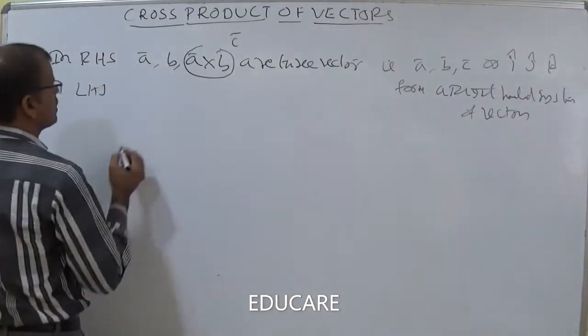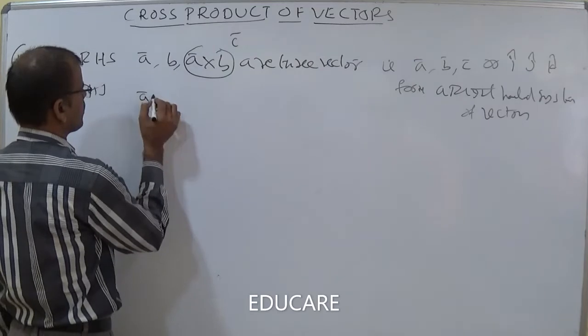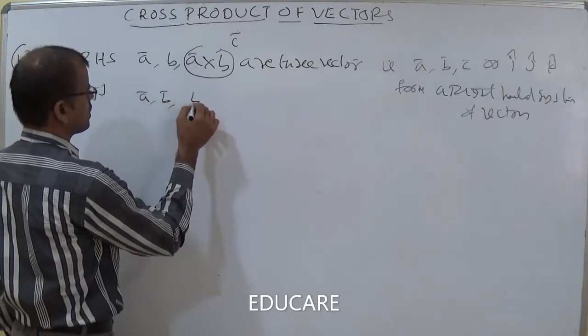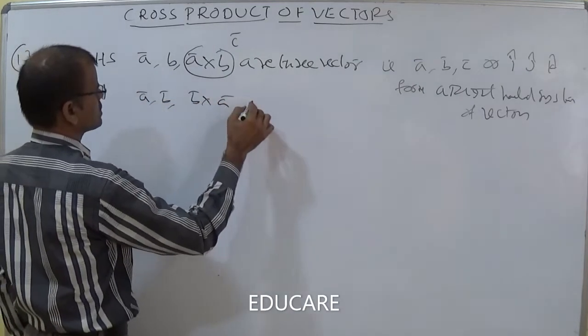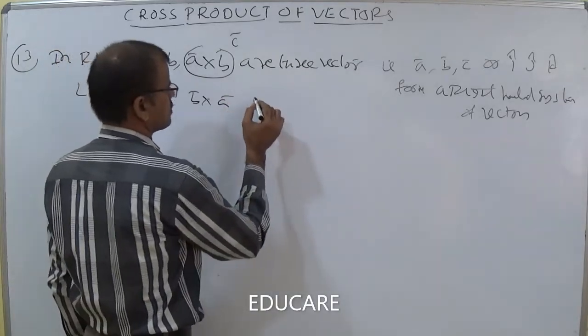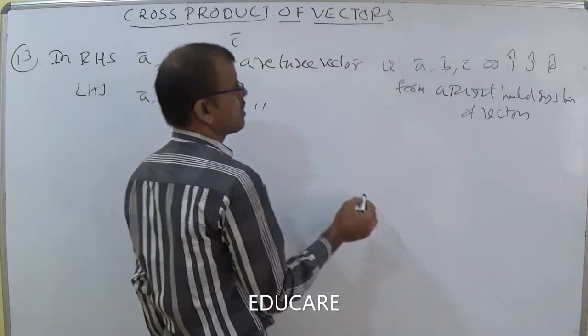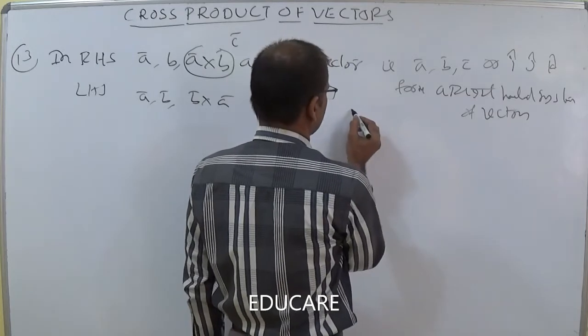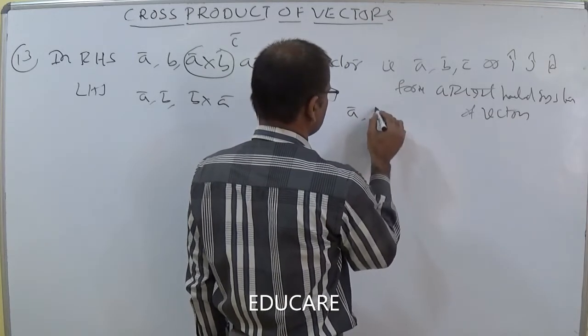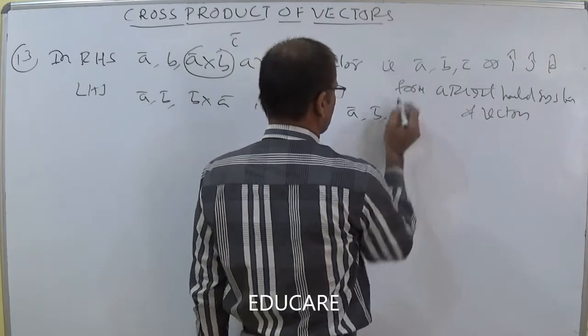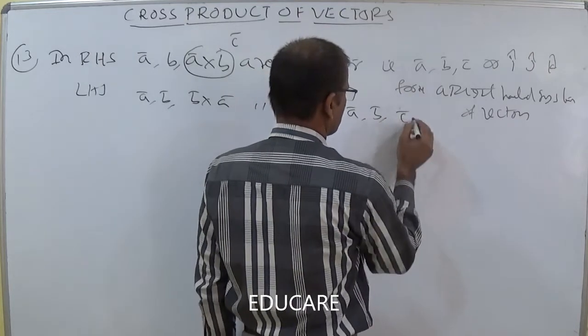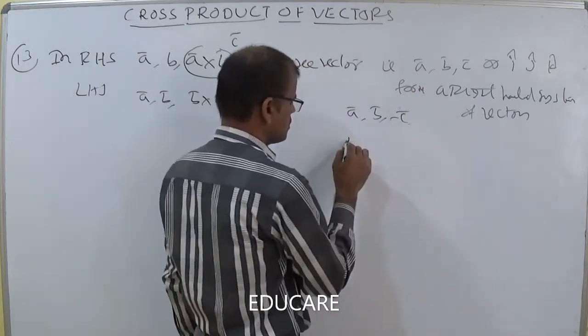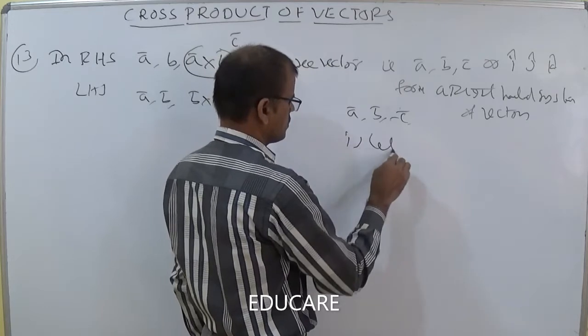LHS means left-hand system. A bar, B bar, and you can write B cross A, meaning negative direction, as three vectors. So A, B, C are I, J, K, and you can write here A, B, minus C, where we are already indicating negative direction, is a left-handed system.